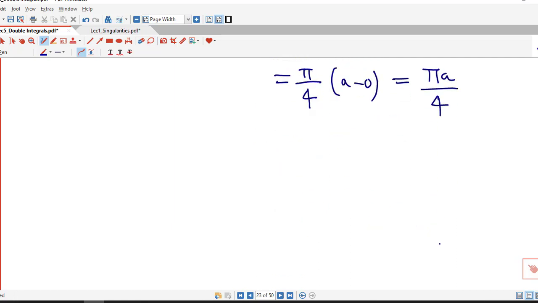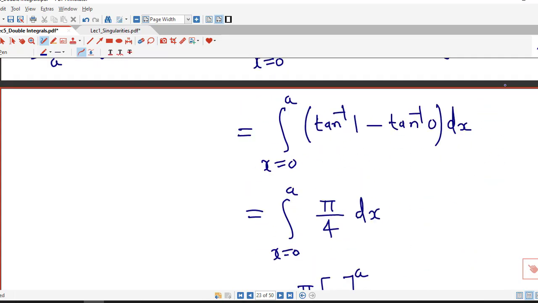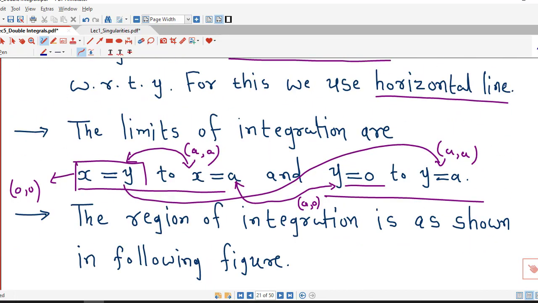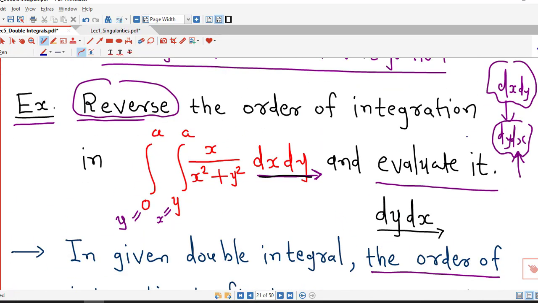So therefore the value of the given double integral after changing the order of integration is pi into a divided by 4. So this is one more example on reversing the order of integration, and we have obtained that the value of this double integral is pi into a divided by 4 after reversing the order of integration.